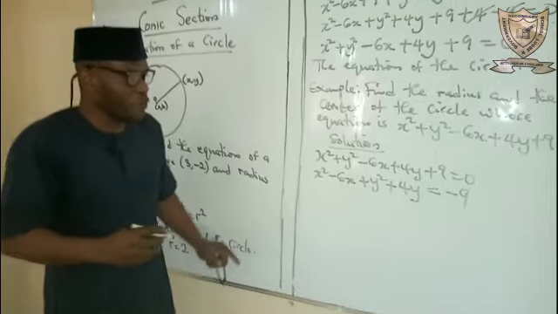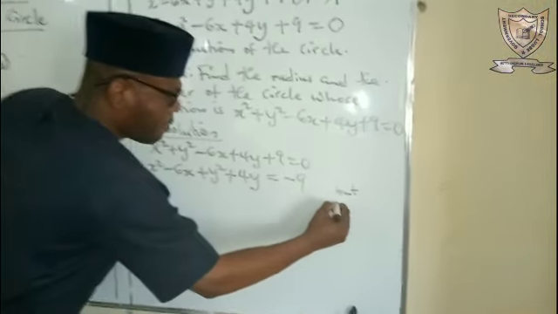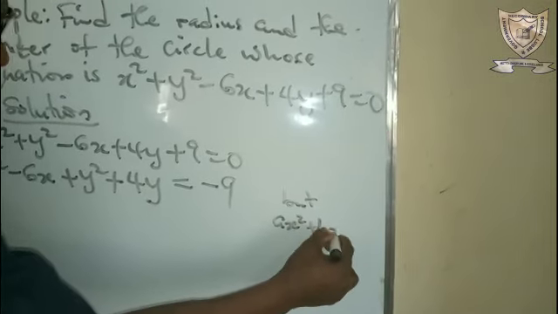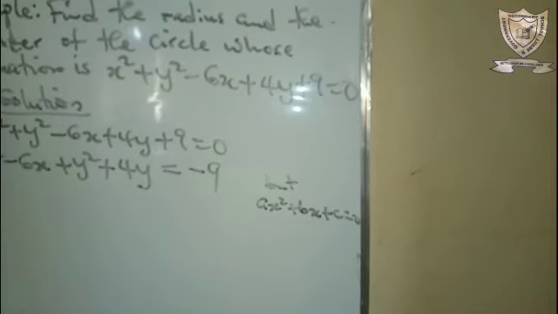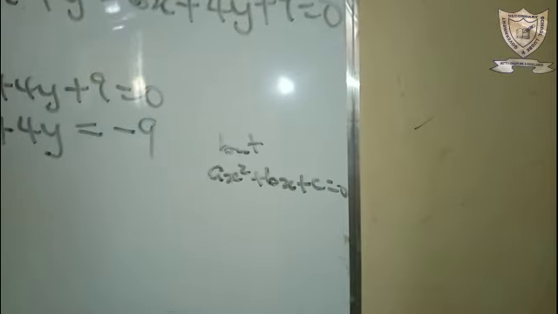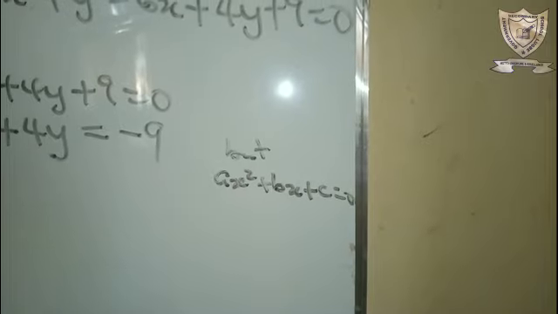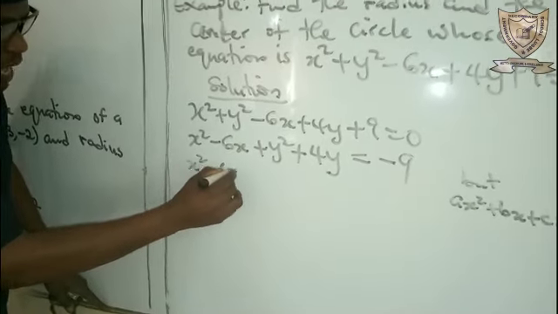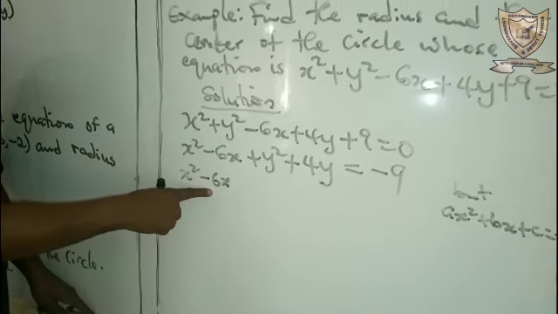If you can remember ax squared plus bx plus c equals 0, you divide the b by 2, square it, and add it. So we have x squared minus 6x. You divide the b by 2, that gives us 3.